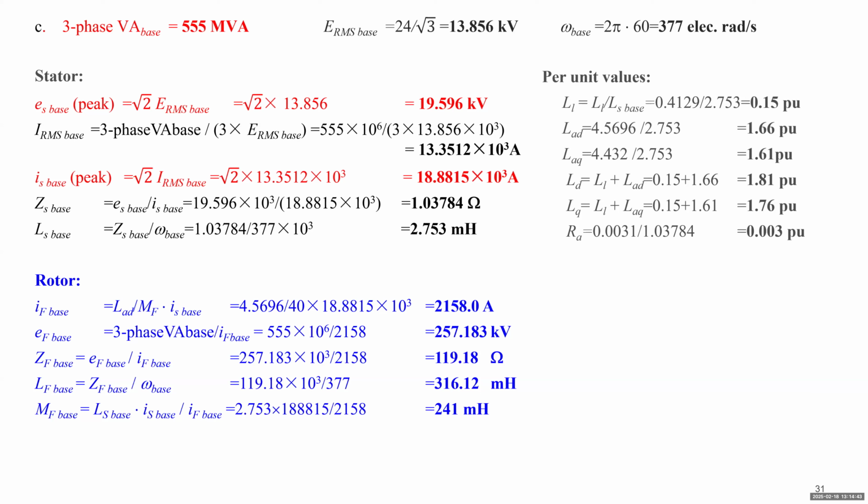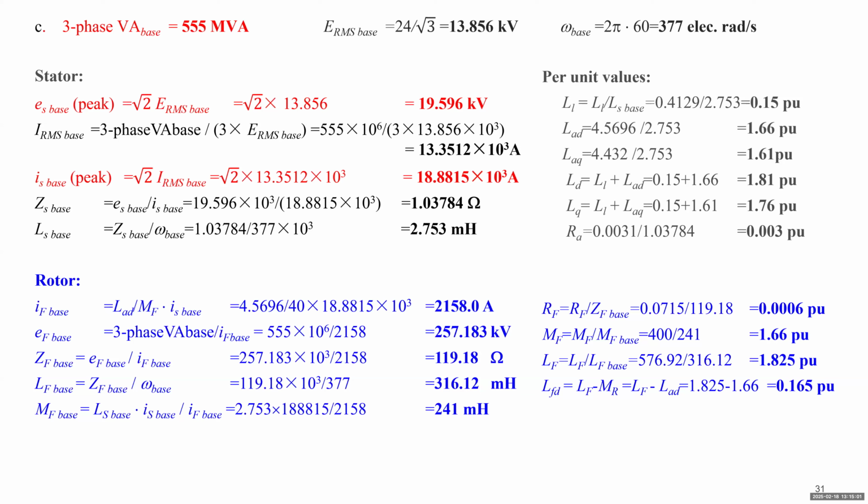Those will be the per unit values. We use the actual values from the previous slide divided by the base values, and we'll have those per unit values. So LOAD and LOAQ are very close because this is a round rotor generator. Those are the per unit values.